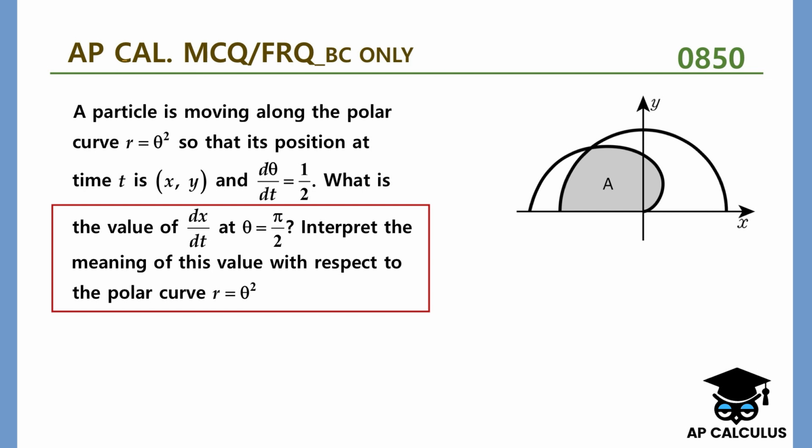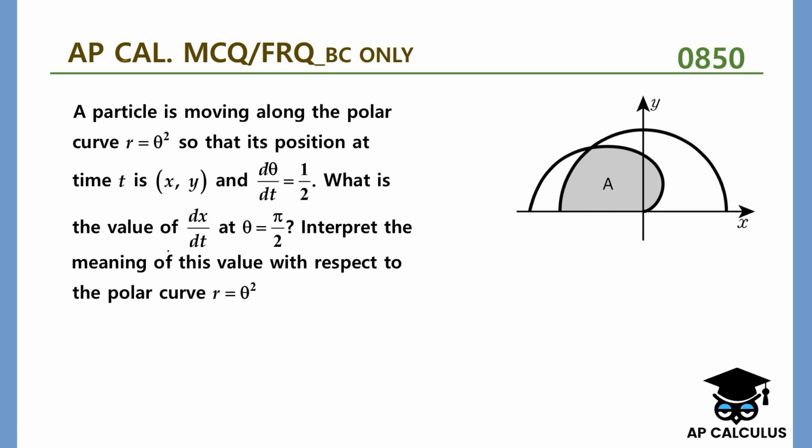So the question is to find the value of dx over dt when theta is equal to pi over 2, right? And we know that x is equal to r cosine theta, and r is theta squared, so x can be written as theta squared times cosine theta.